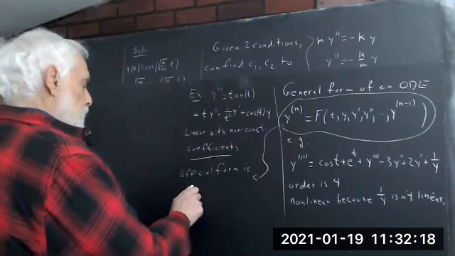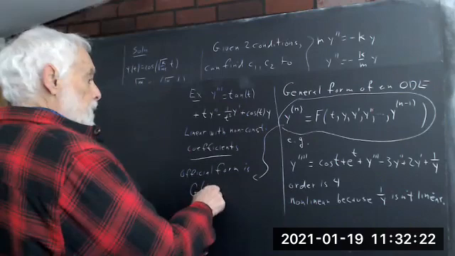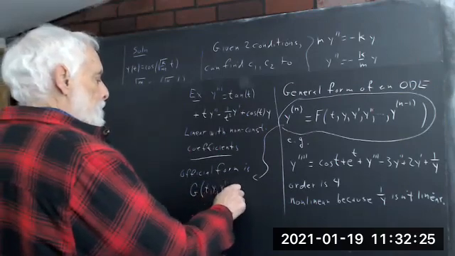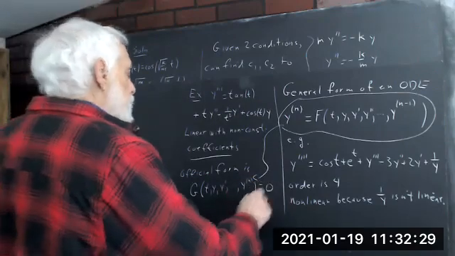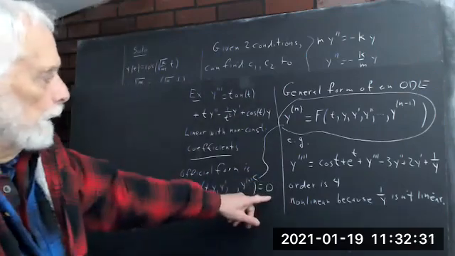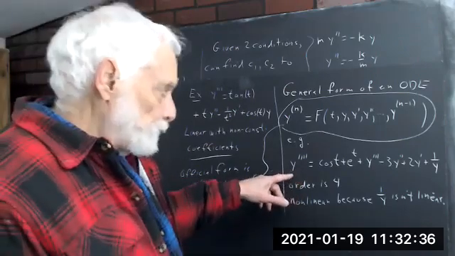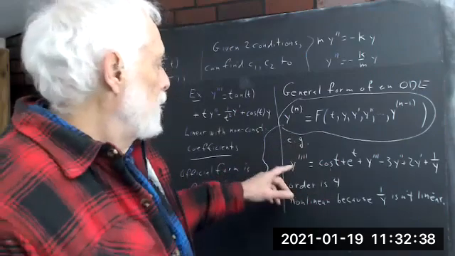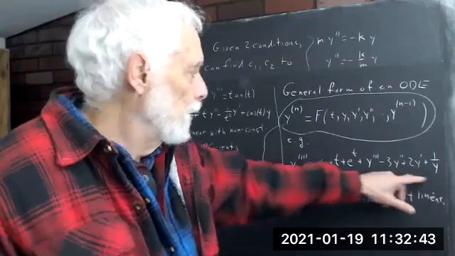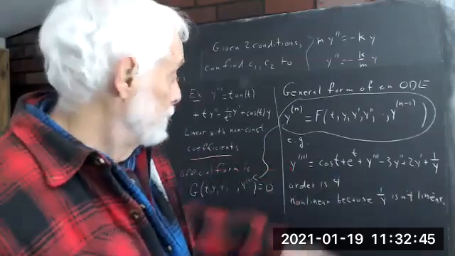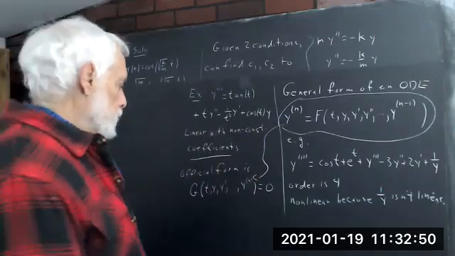I'm going to use g for the function. This equals 0. And you would get this form simply by subtracting all this from both sides to get a 0 over here. Okay. And that's very straightforward.